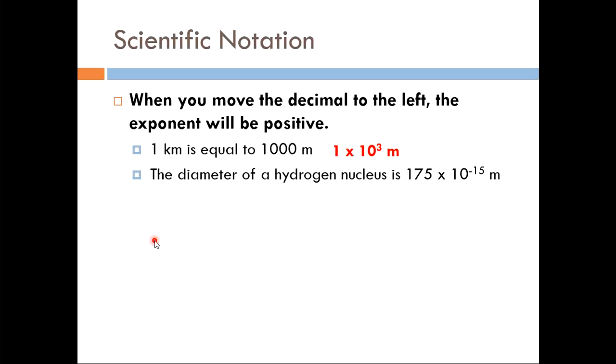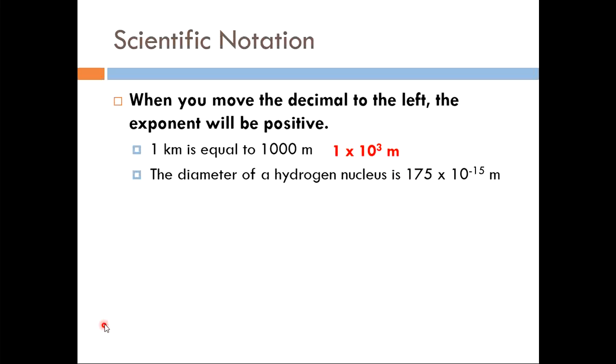How about this one? This one is already in scientific notation, however, it's not in proper scientific notation. Remember what I said just a few seconds ago, you only want one number to the left of the decimal. So we take 175, and we move the decimal over how many times? 1, 2. We move it over 2 times. Now take a look at the rule.